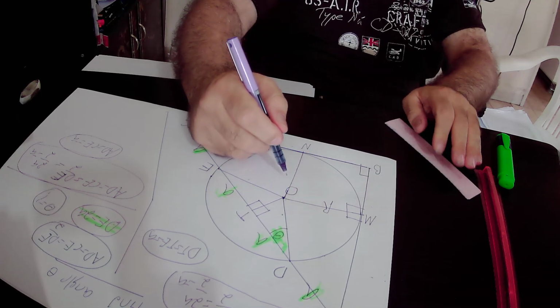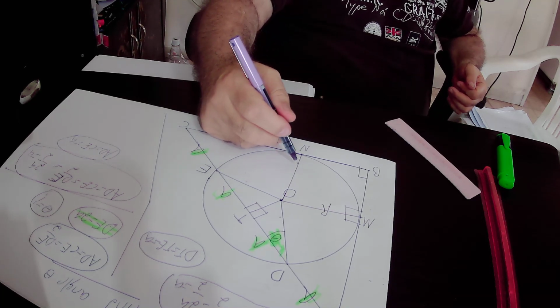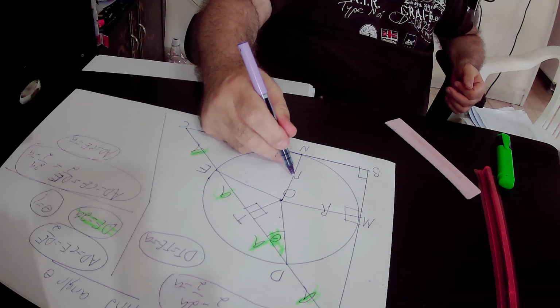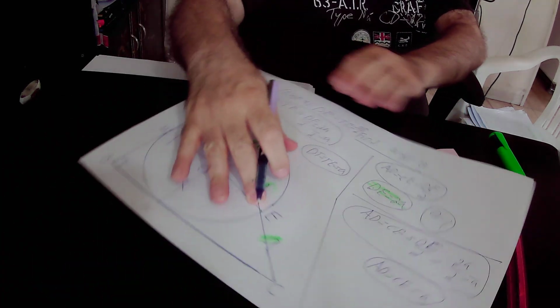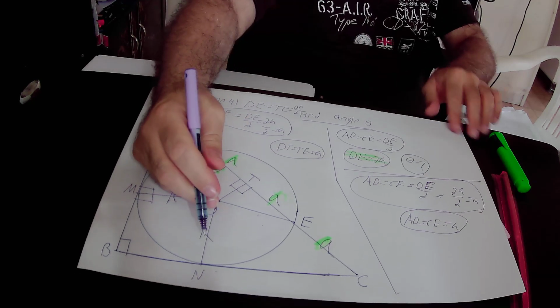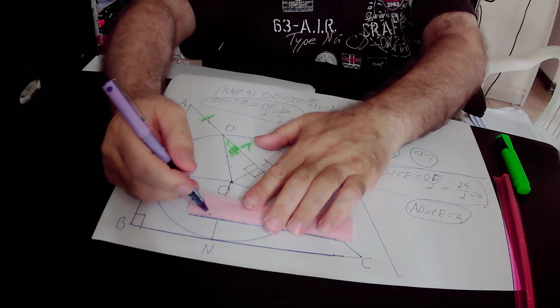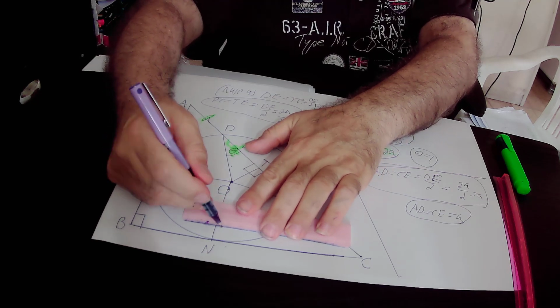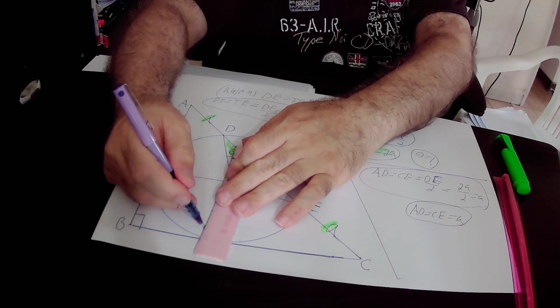Point O is the center of the circle. Point N is the point of the circle itself. Therefore, ON is the radius of the circle that is equal to R. And again, we have the radius ON that is drawn to the point of tangency. Therefore, according to rule number 1, this angle will be equal to 90 degrees, and this angle will also be equal to 90 degrees.